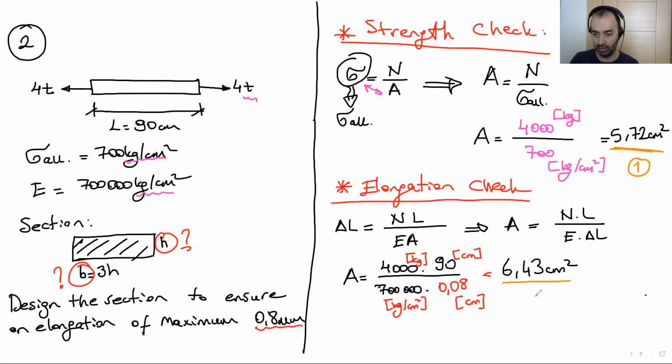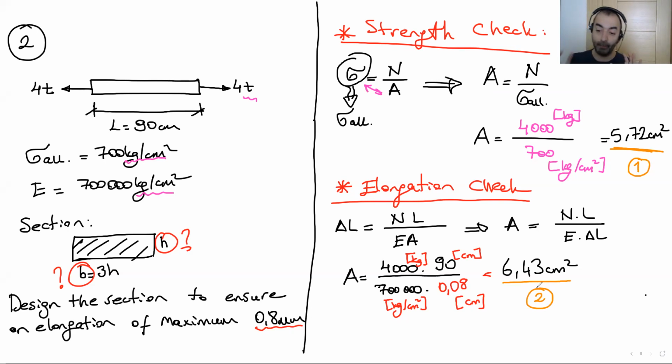The other one is this. So for strength check, the 5.72 works. That's okay. For the strength, that works for us. Let's have a look at the elongation. For elongation, to limit the elongation around 0.8 millimeter, we need 6.43 centimeters square.